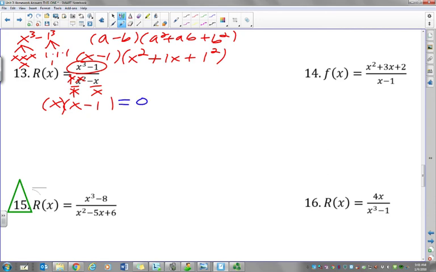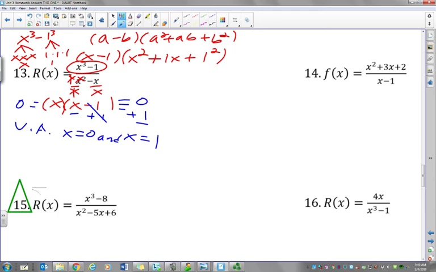So when we set the bottom equal to 0, we were going to get vertical asymptotes at x equals 0 and, adding 1 to both sides, at x equals positive 1, right? So we were going to get 2 vertical asymptotes.